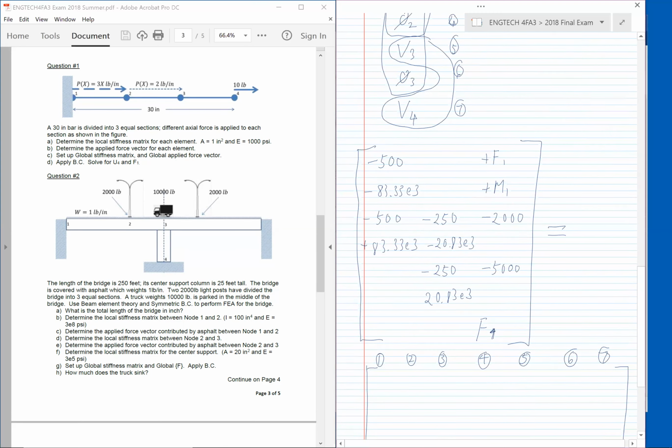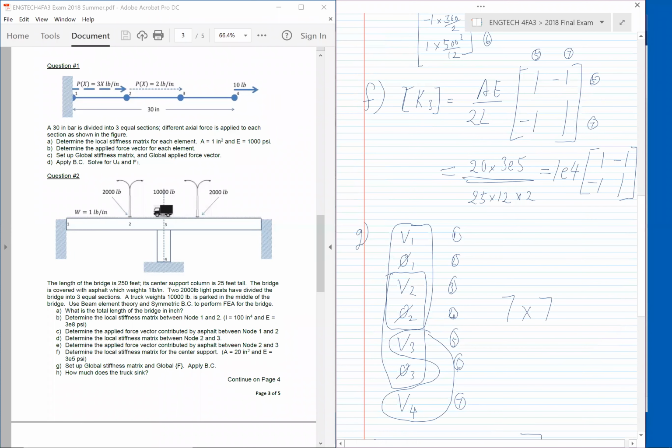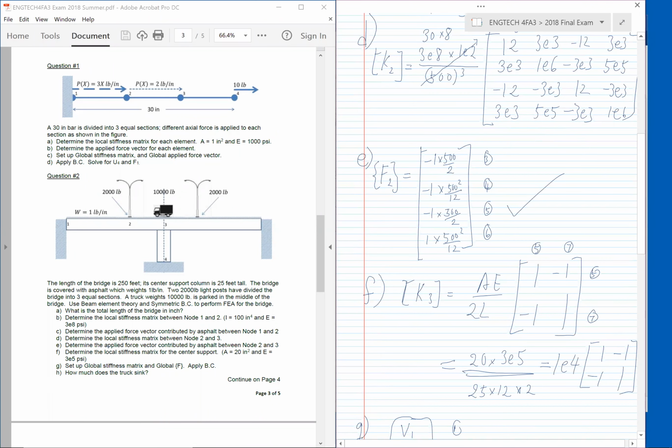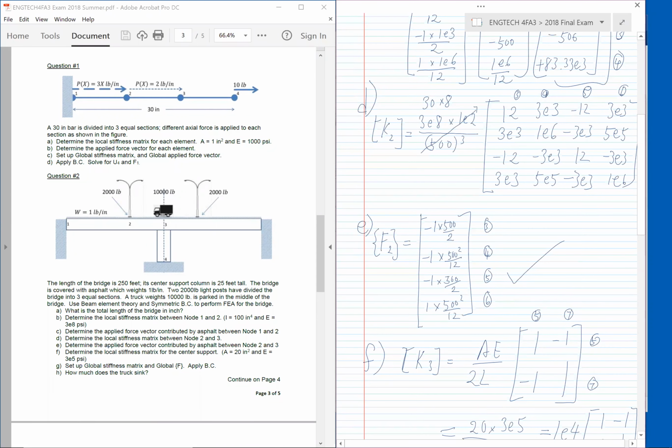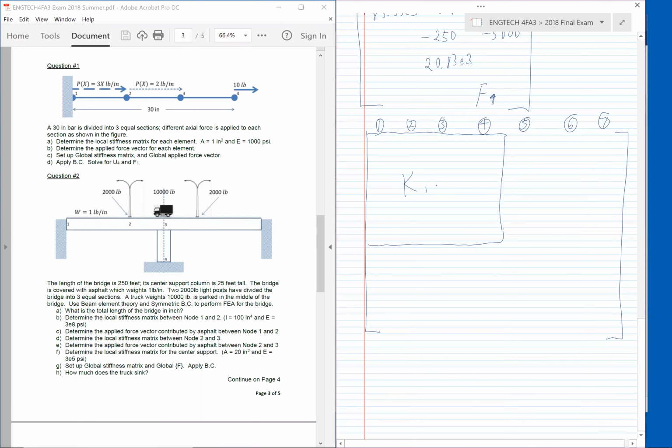No, I'm not going to copy it here. I don't want to. If I really do this, it takes me another half an hour or so. This is going to be right here. It's K1. For K2, it is right here.